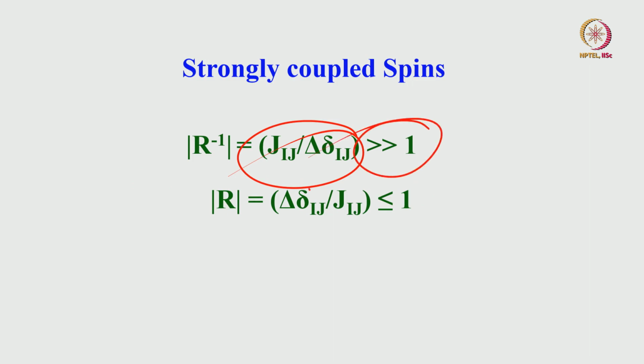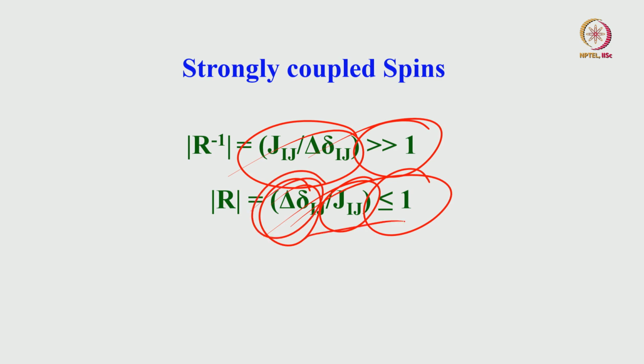Whereas if you take the reverse, chemical shift over J, in the weakly coupled case I said it should be very much larger than 1, but here it should be very much smaller than 1. The reverse is the strongly coupled case. You understand? If you measure the chemical shift difference between two coupled spins and take the ratio over the J coupling, and it is very much smaller than 1, then they are strongly coupled.